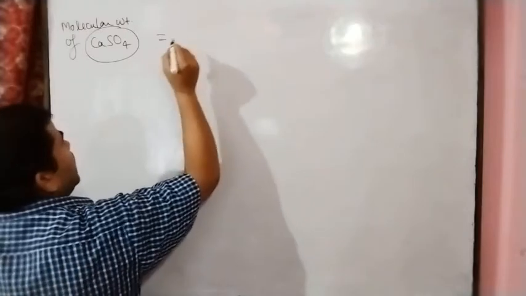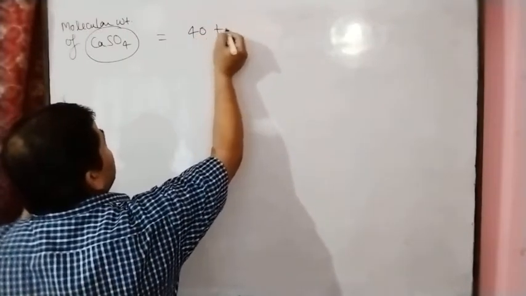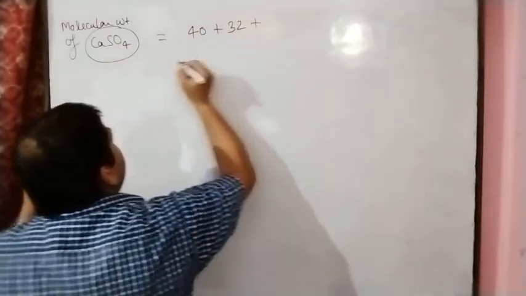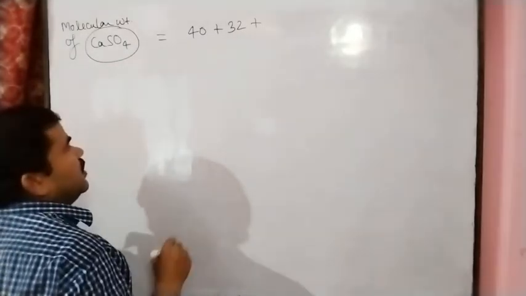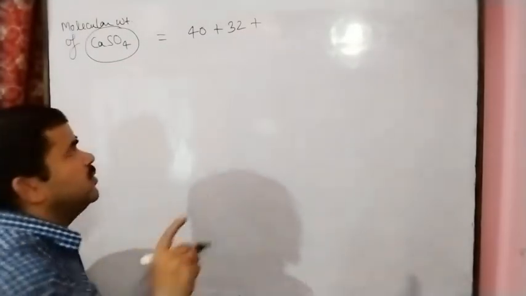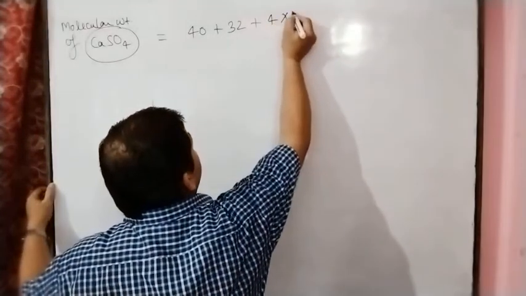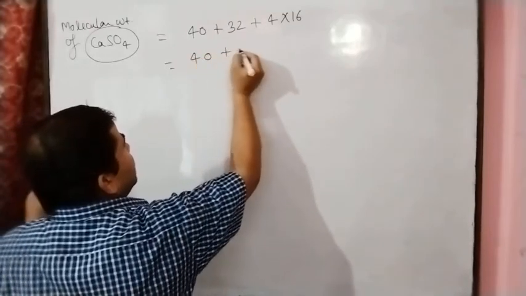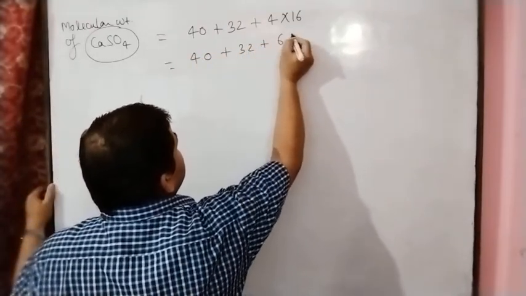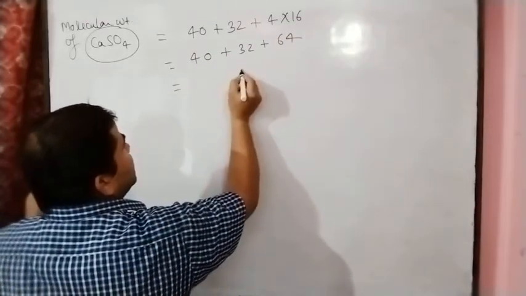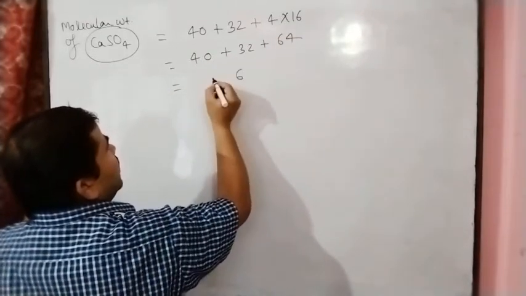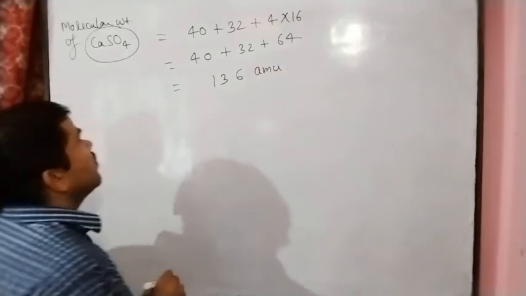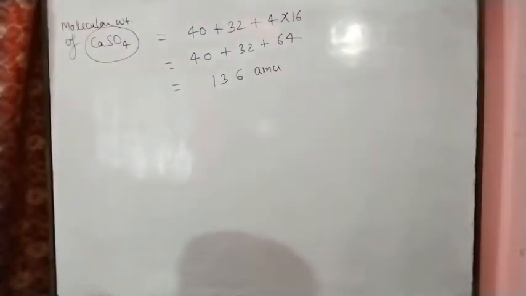One atom of calcium mass is 40, only one atom of sulfur mass 32, and we can see 4 atoms of oxygen. One atom of oxygen mass 16, so 4 into 16. In this way we calculate 40 plus 32 plus 64, which gives 136 AMU. So this is the molecular weight of calcium sulfate.